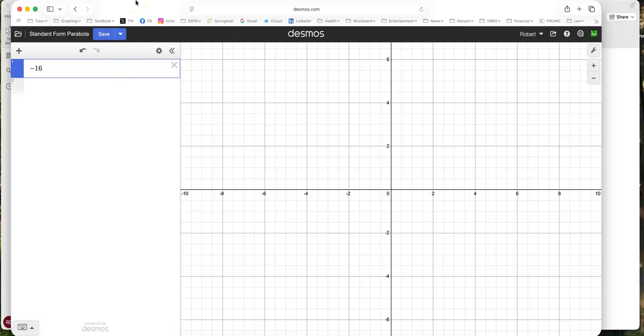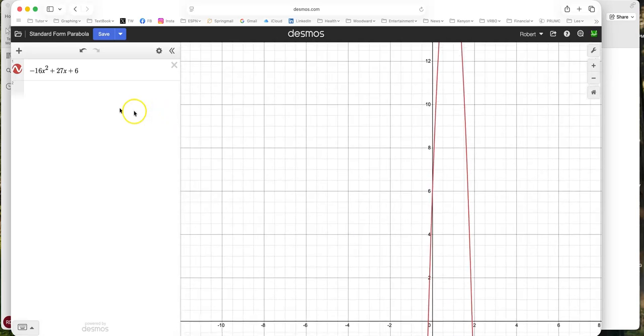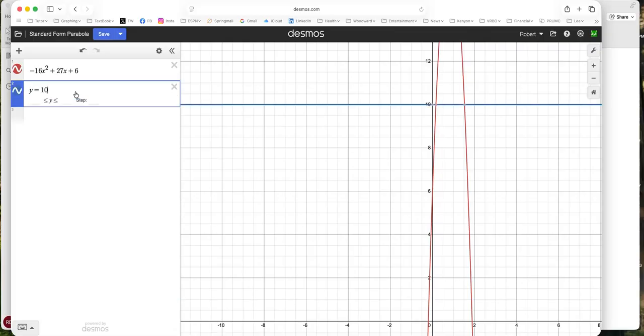Negative 16 t squared, let's just use x, so negative 16x squared plus 27x plus 6. And I know that the basket is 10 feet tall, so y equals 10 is right there.